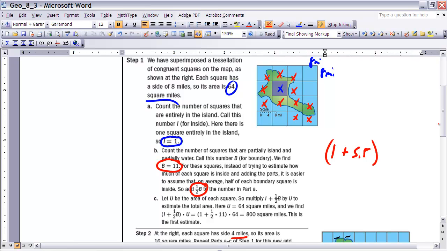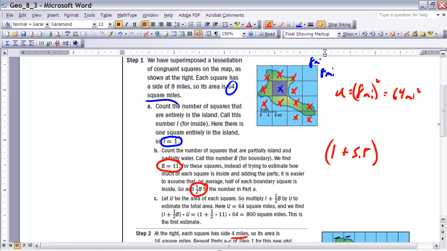Then I take that total times the area of one of these squares. Each square is 8 miles by 8 miles, and we're going to call that value U. U represents the area of one of those squares, which is 8 miles squared, equal to 64 square miles.